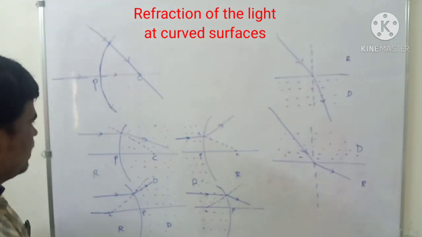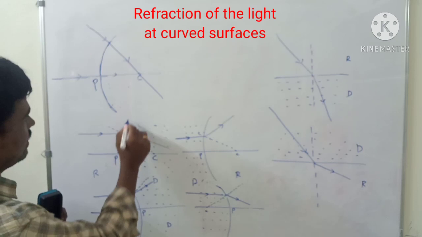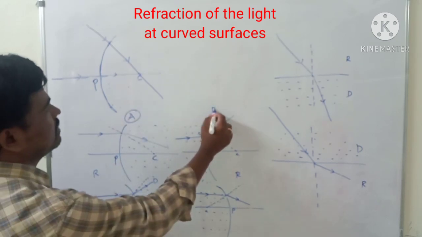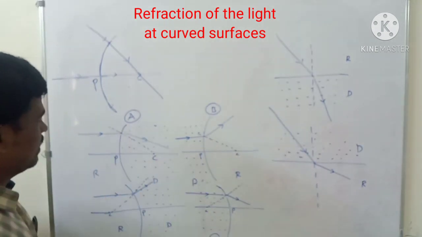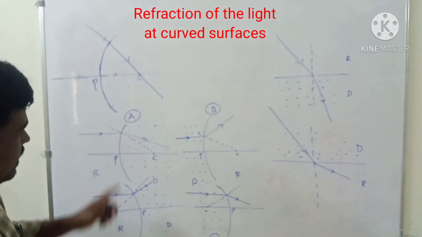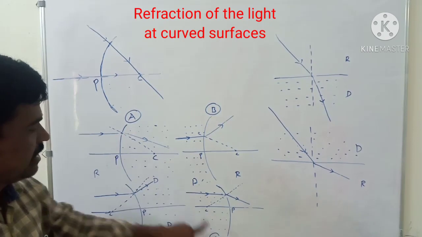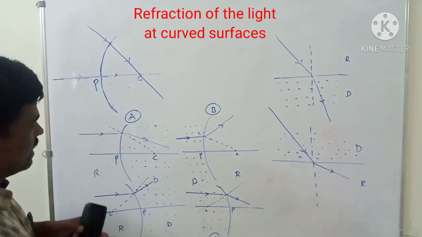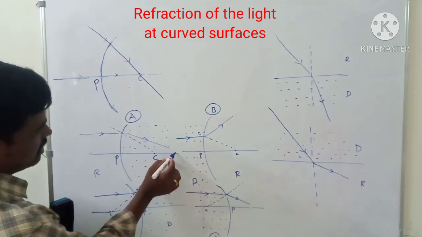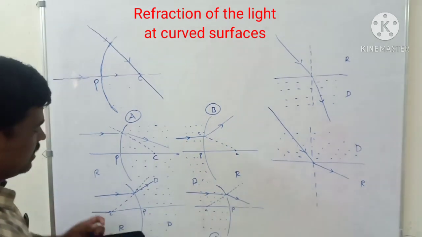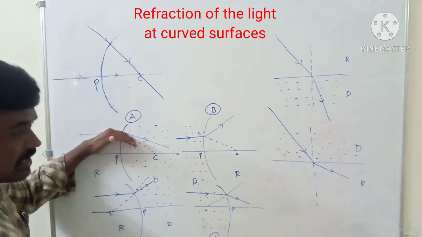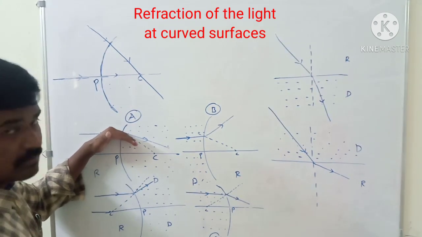Observe here: let me take this as A, this as B, this as C, and this as D. Compare A and D. These lines are going to connect to the principal axis, touching the principal axis. This means we can call it converging.